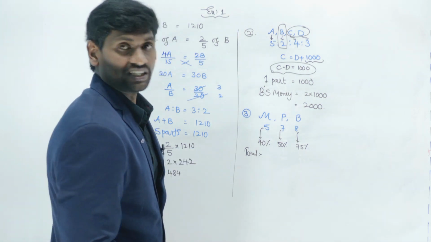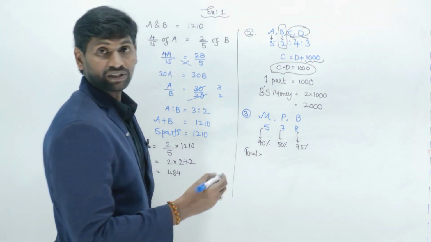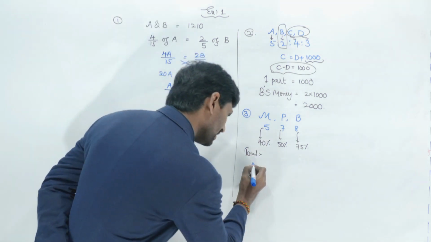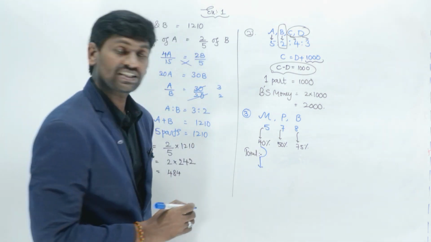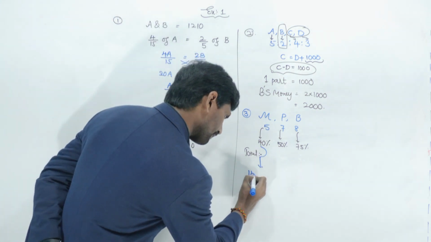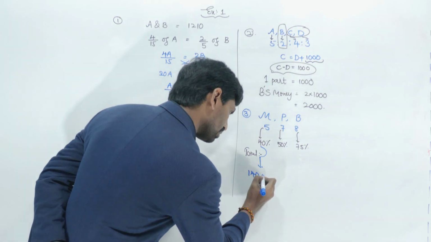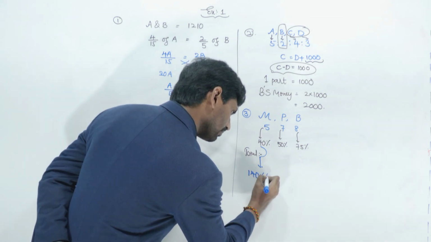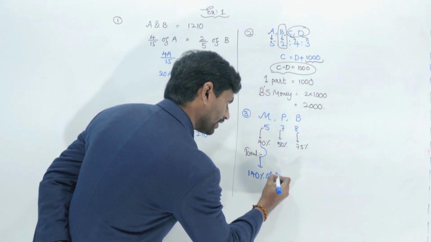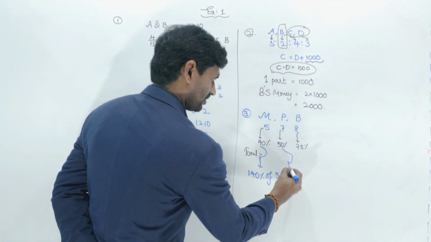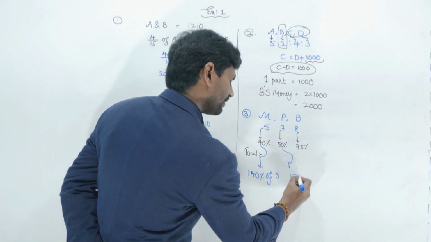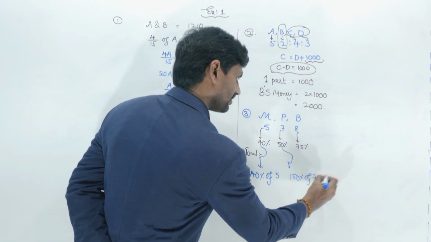Increasing from 100% to 140%, that is 40% extra. For mathematics it will be 140% of 5 seats. The next is 150% of 7 seats.